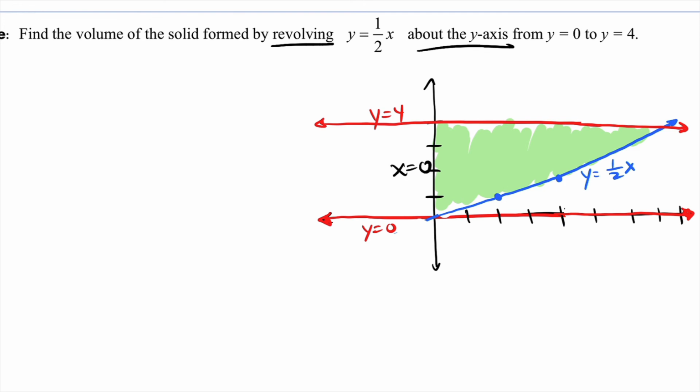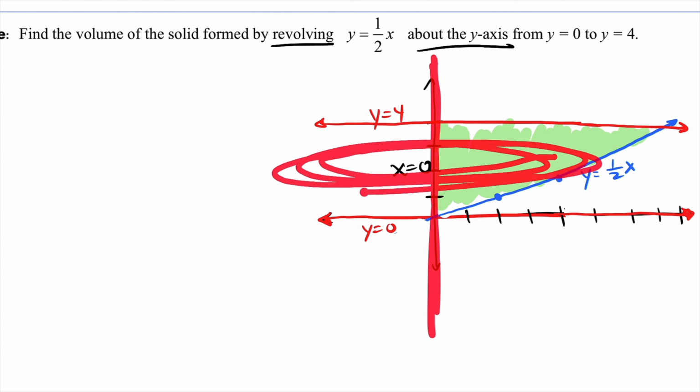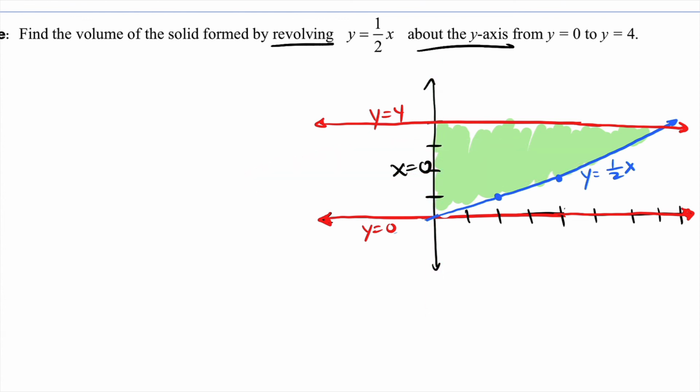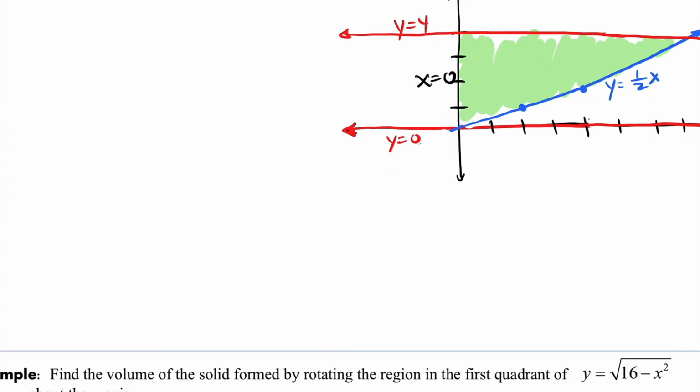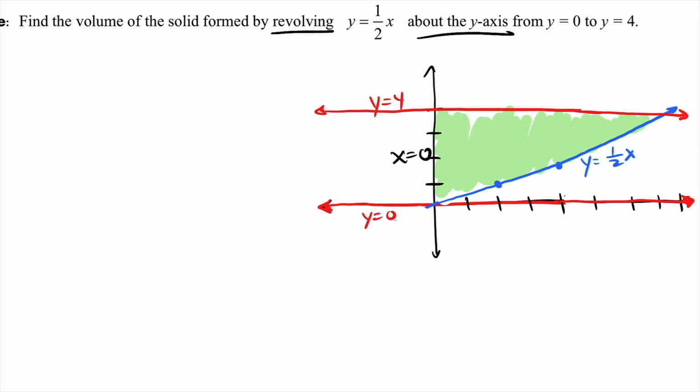Good. So it's revolving about the y-axis. The y-axis is a vertical line, so it's going to be revolving this way. What type of shape is it going to make when it revolves?